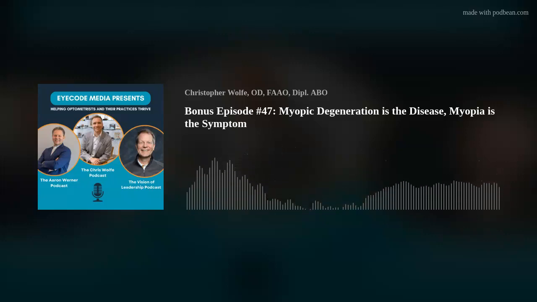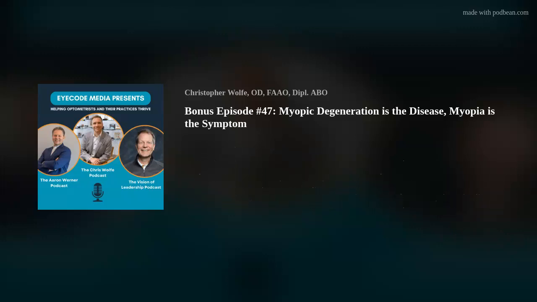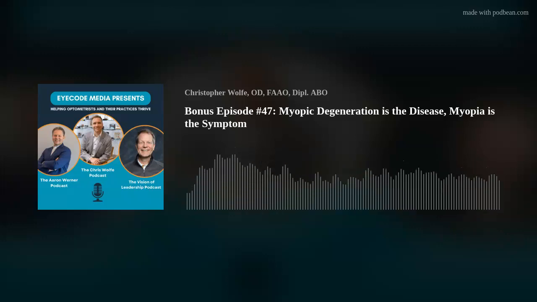I think myopic degeneration is clearly a disease, and myopia is the refractive symptom of the disease of myopic degeneration: axial elongation, stretching of that tissue. So to be clear, I think myopic degeneration is the disease, myopia is the refractive symptom.